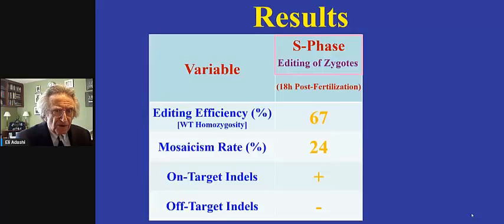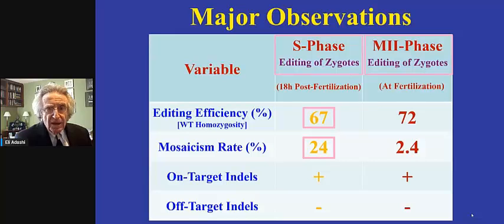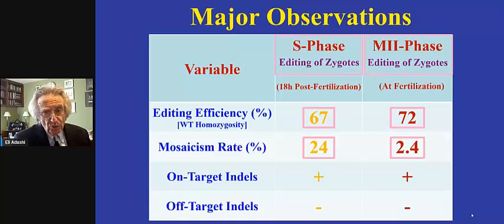Upon editing of zygotes 18 hours post-fertilization, Dr. Mitalipov reported editing efficiency of 67% and a mosaicism rate of 24%. When editing zygotes at fertilization, Dr. Mitalipov reported editing efficiency of 72% and a mosaicism rate of 2.4%, much improved. Target indels were noted in both cases.